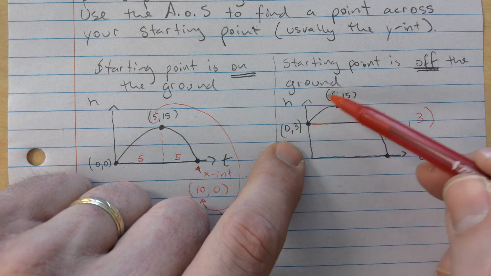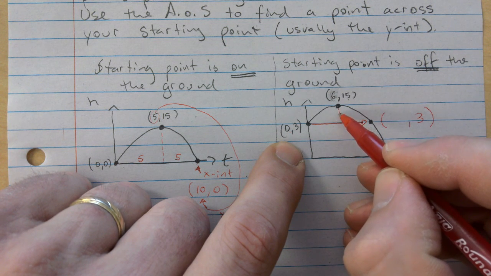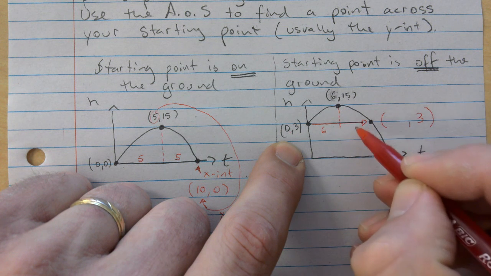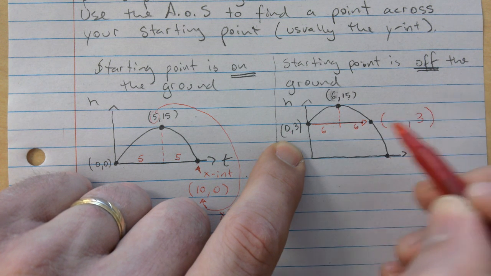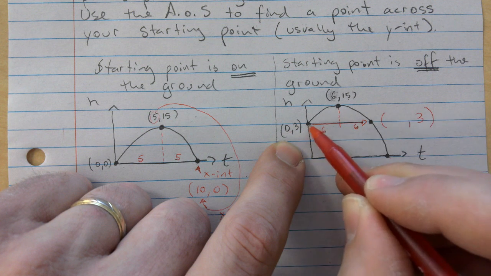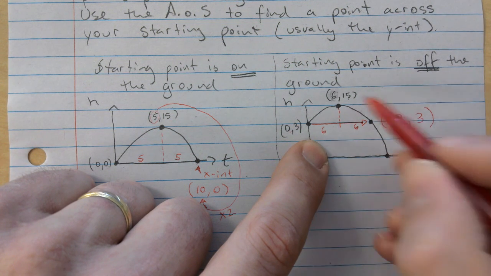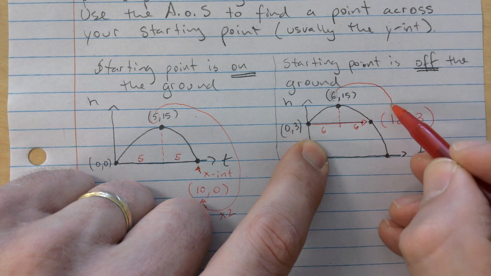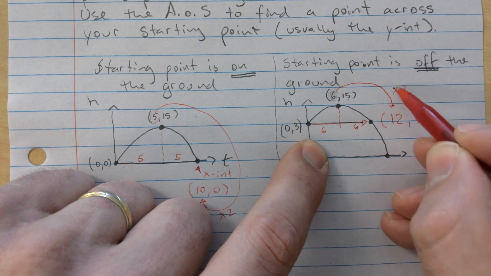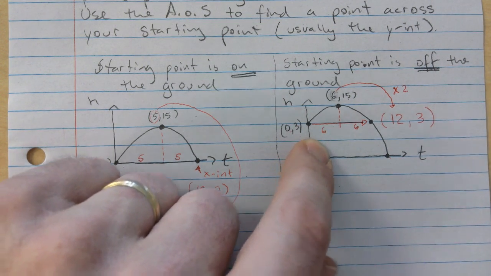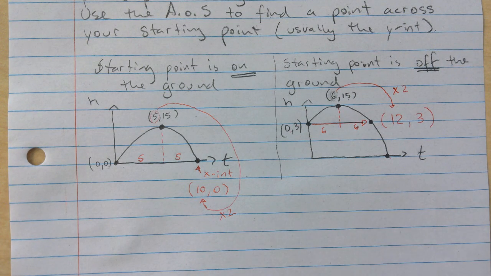And if it takes 6 seconds, I'm going to do my axis of symmetry here. If it takes 6 seconds to get to the top, it will take another 6 to make it back to where I started. 6 and 6 is 12. So you basically took this and multiplied it by 2. This is the exact same property that I talked about earlier in the unit when we did the axis of symmetry.